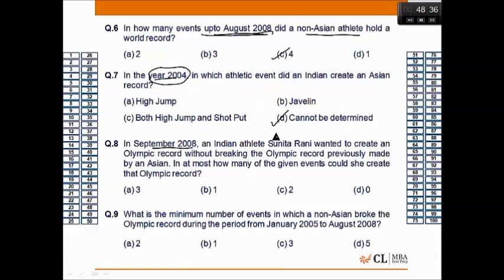Okay, September 2008. An Indian athlete Sunita Rani wanted to create an Olympic record without breaking an Olympic record previously held by an Asian. So at most how many of the given events could she create that Olympic record? Previously held by an Asian, no?